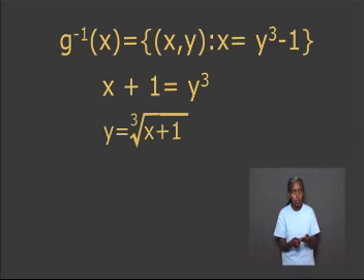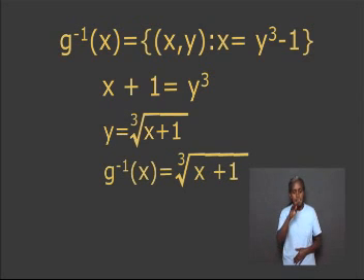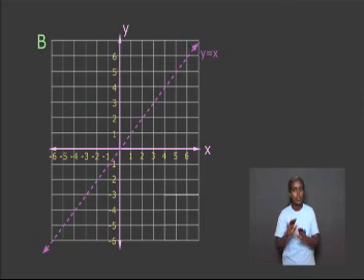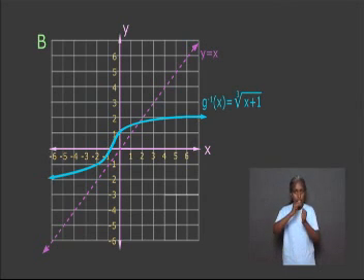Therefore, y equals the cube root of x plus 1. The table of values for the function cube root of x plus 1 gives us this series of points. So the graph of the inverse function of B looks like this. If these results resemble yours, great job.